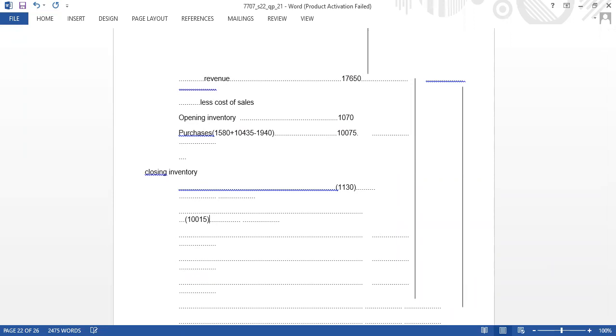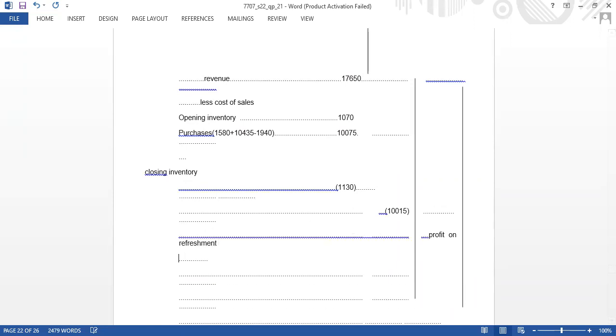So 17650 less 10015 would give us profit, as there are no expenses related to the refreshments. So the profit would be 17650 minus 10015, that would be 7635. Okay.